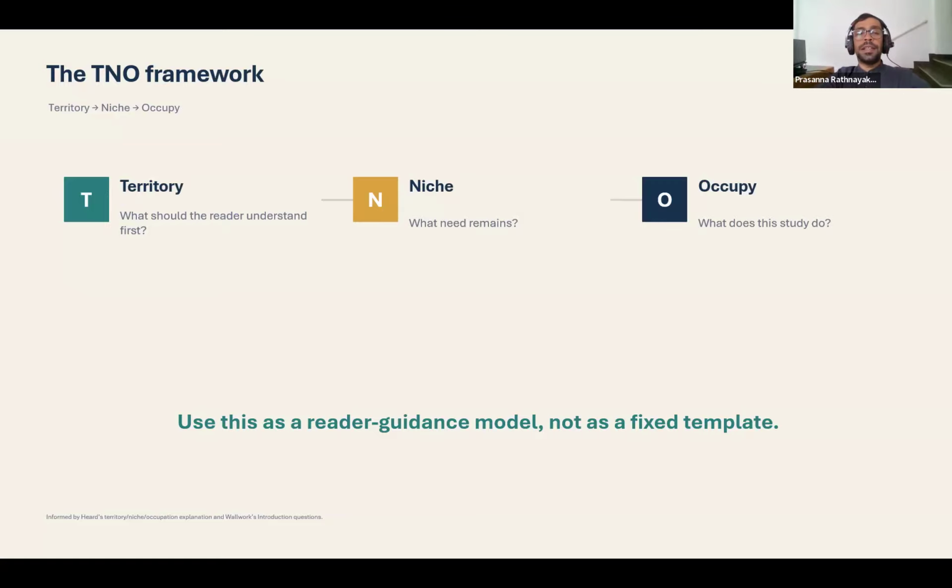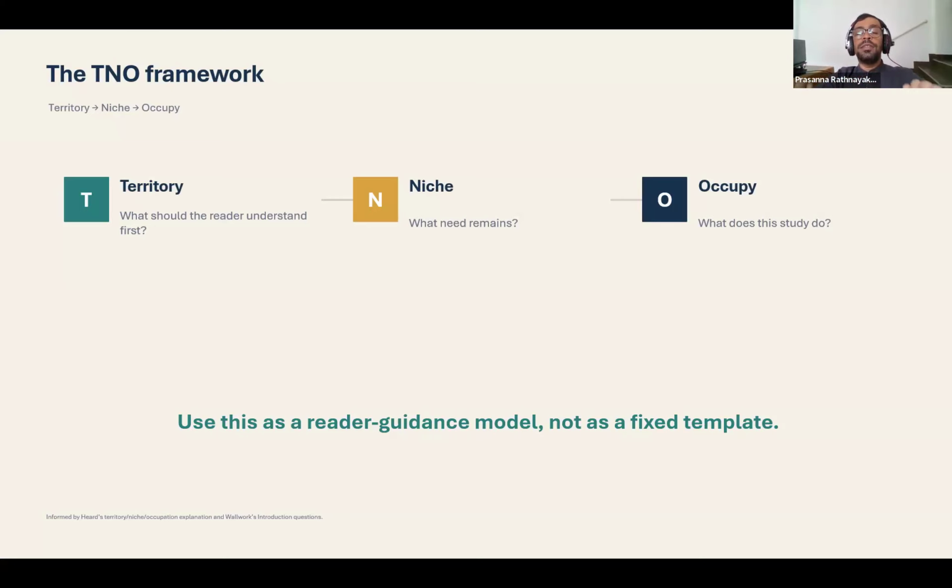The principle is actually reader guidance. This is not a template. This is simply a guiding process for your reader, with which we establish our connection with them, ensuring that our story of research is properly communicated to your reader. Territory, niche, and occupy describe a communicative work.